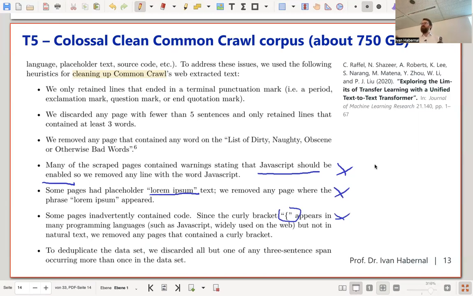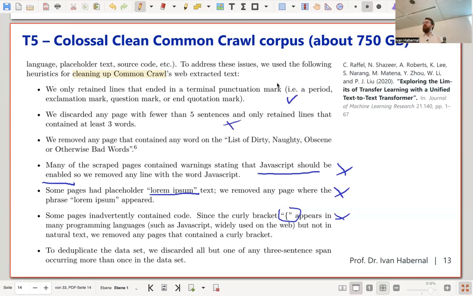But if you're doing natural language text, you want to get rid of all the code. We only retain lines that end in a terminal punctuation mark. Yeah, so they wanted sentences. Something that looks like a sentence means it's a line that ends with a period, so that's what you want. If a page has fewer than 5 sentences, maybe you want to get rid of it.